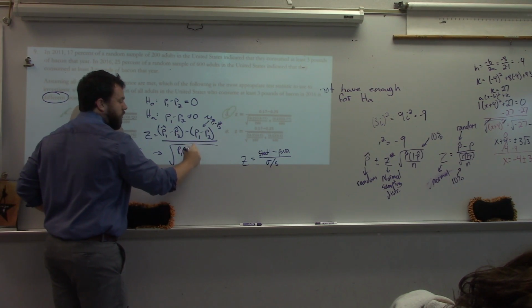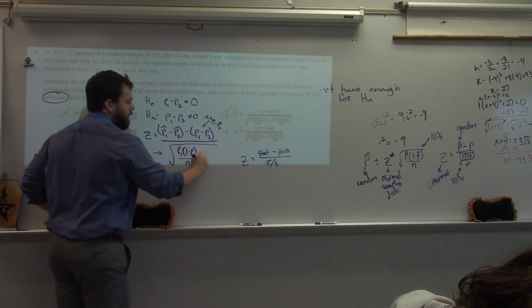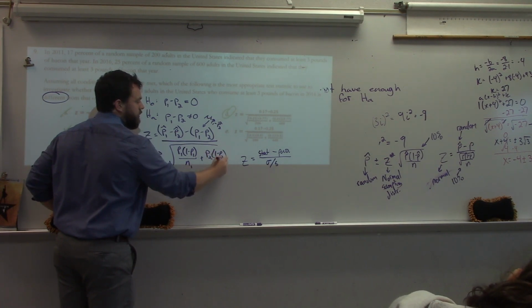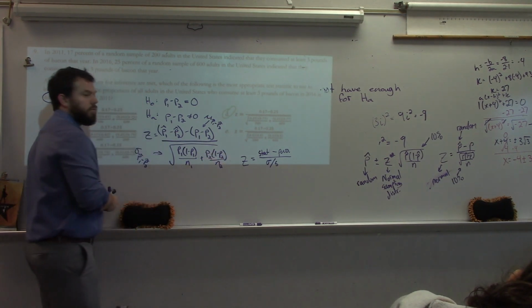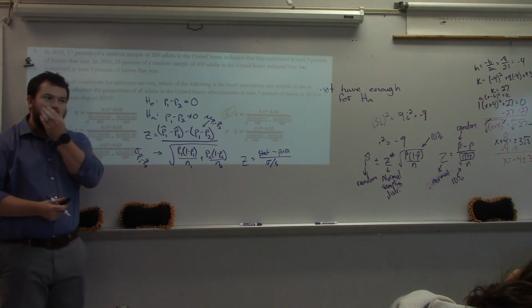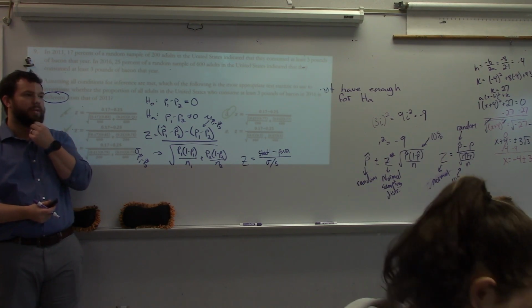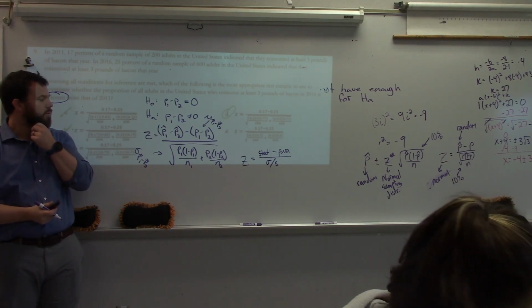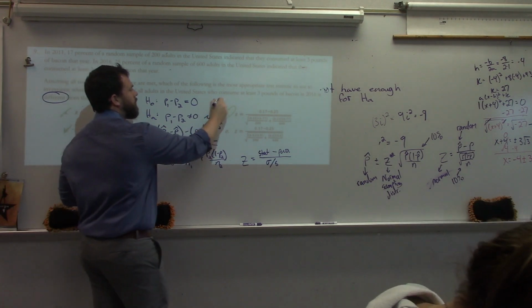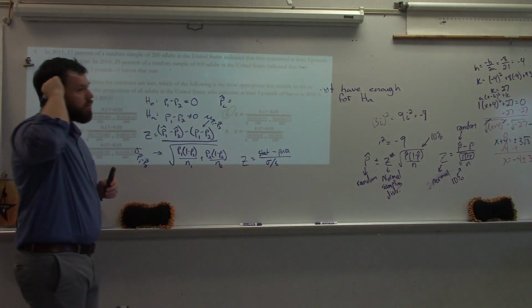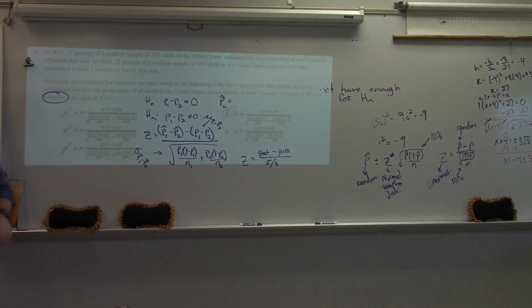But what is the problem with this formula? Because that's what we would see on the formula sheet. We don't have a P. We don't have a P, right? So we don't have that P there. So what do we need to calculate instead of using P1 and P2? So remember, this is where we use the combined sample proportion.